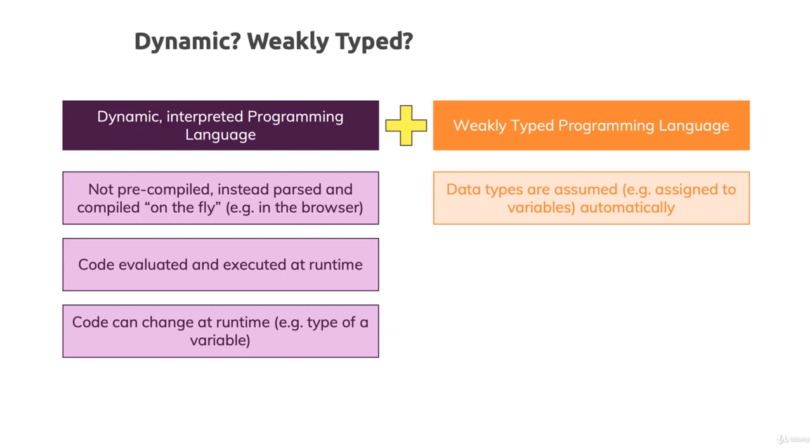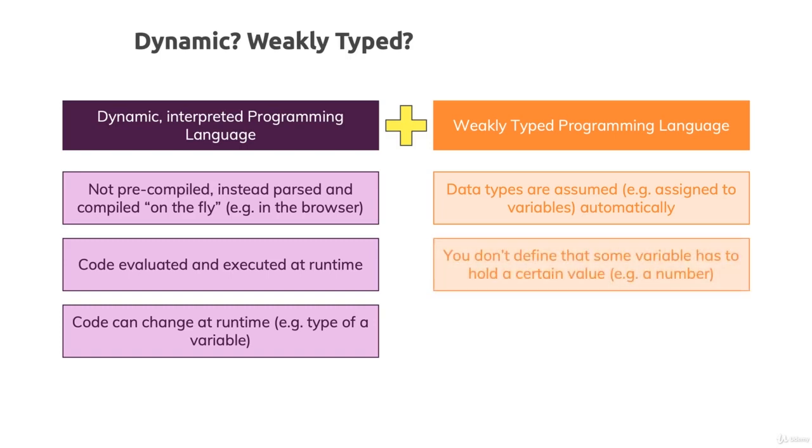Now, this might sound strange, but in other programming languages, you have to define the type of data a variable will hold in advance. In JavaScript, that's not the case. You don't have to tell JavaScript that this variable, this data container, will hold a number. Instead, you store data in there, and if that happens to be a number, so it is.